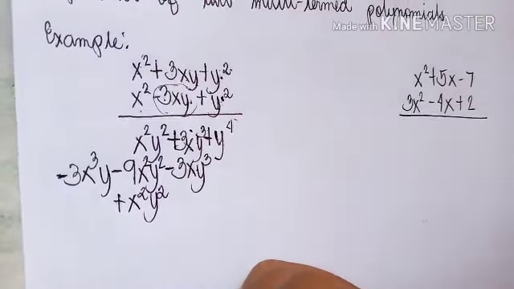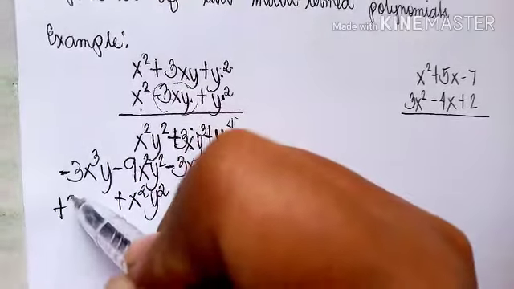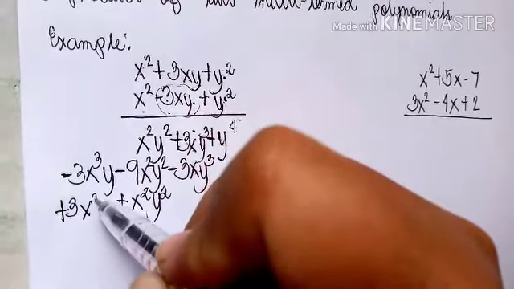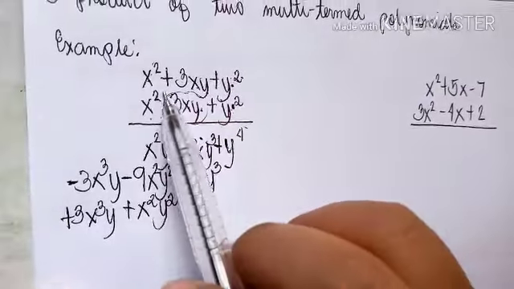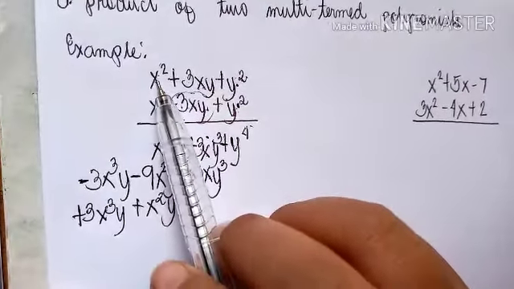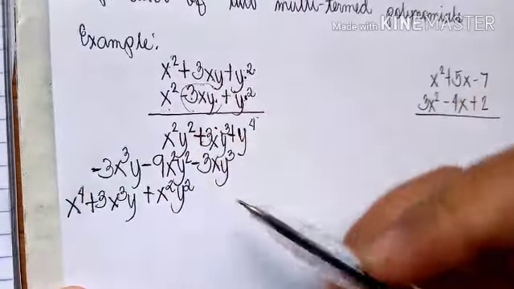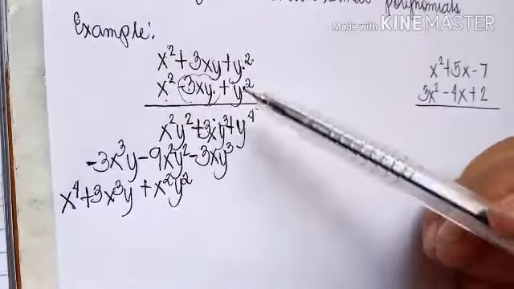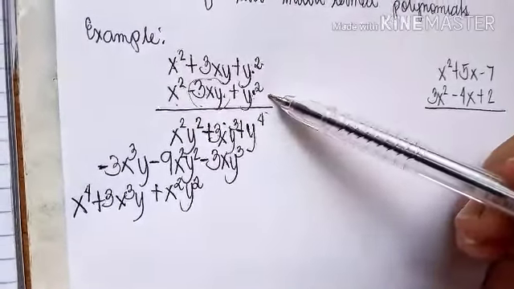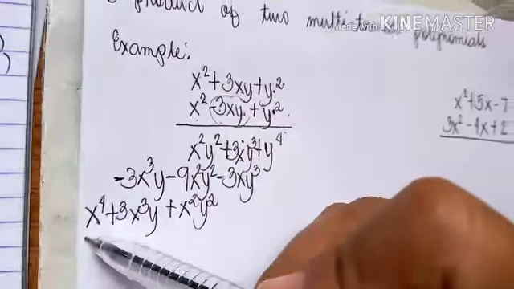That would be positive 3x cubed y. And the last one, we have x squared times x squared. That would be positive x raised to 4. So there, we've multiplied already the second polynomial, all of the terms, to the first polynomial.